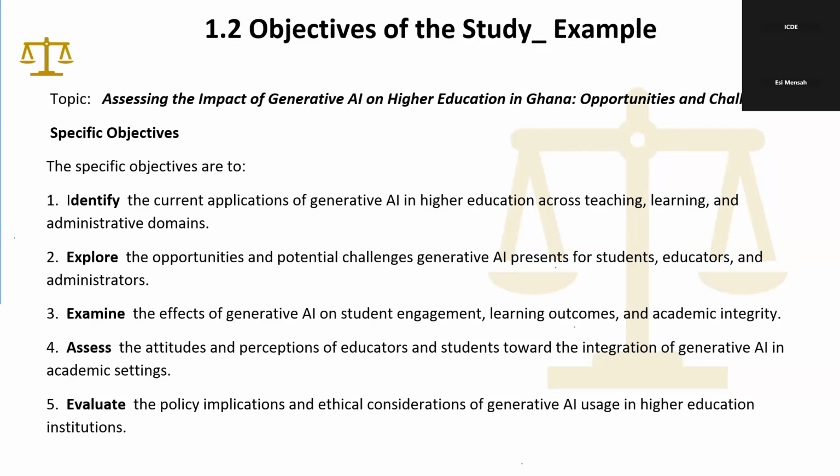4, how do student attitudes and perceptions differ in terms of perceptions of AI in academic settings?